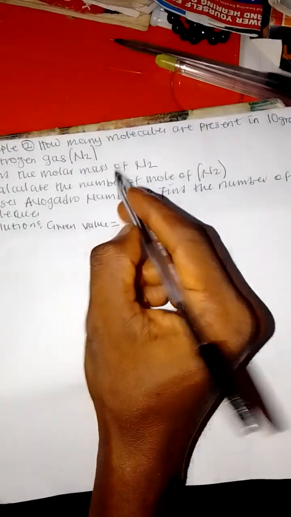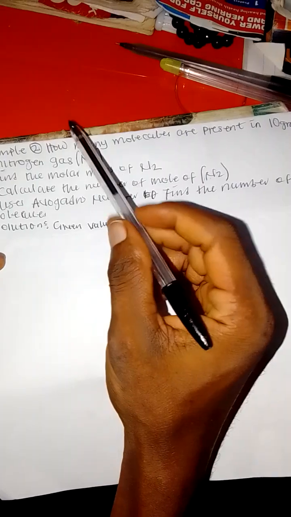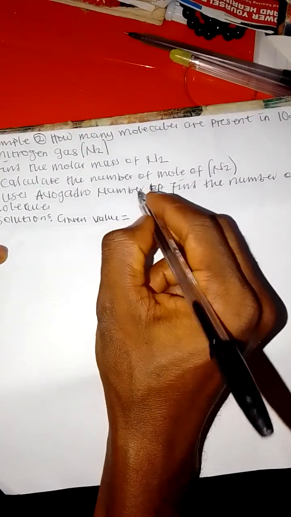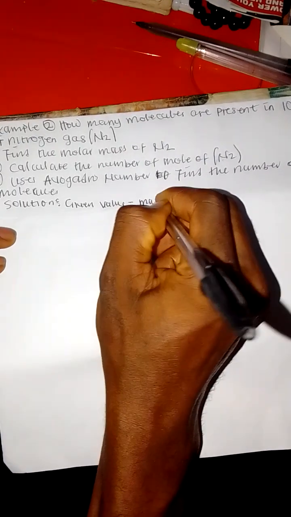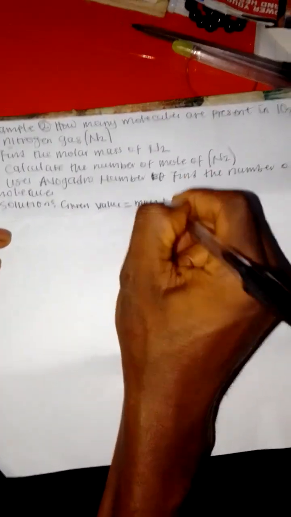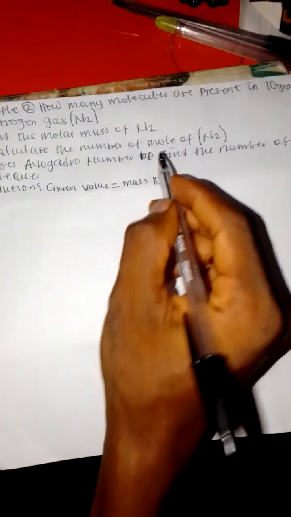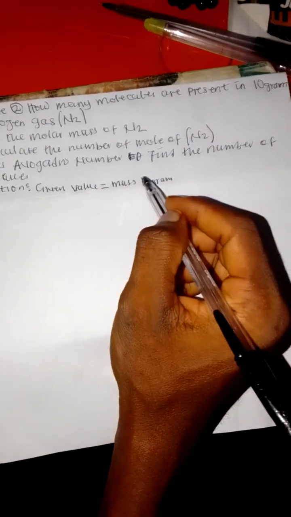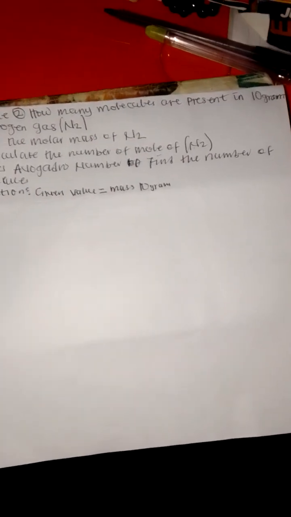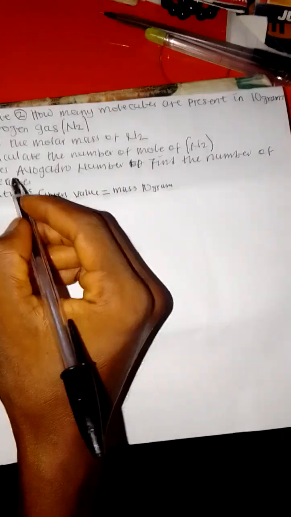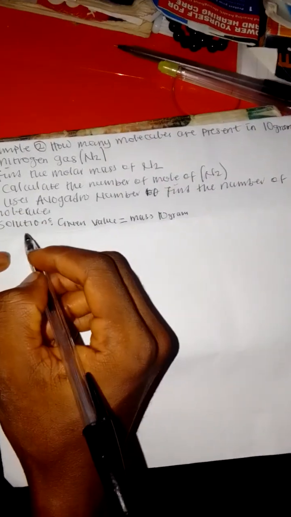We are given 10 gram here, which you know is mass. So the mass is 10 gram. So now let's start the calculation first.